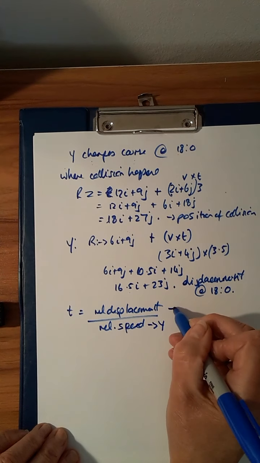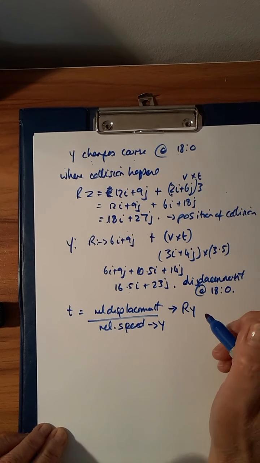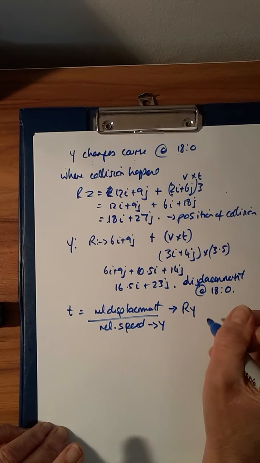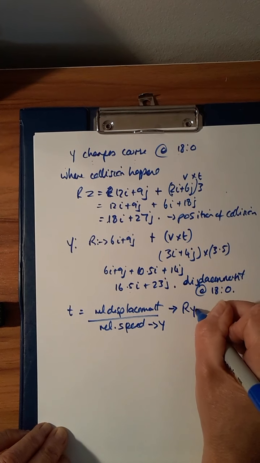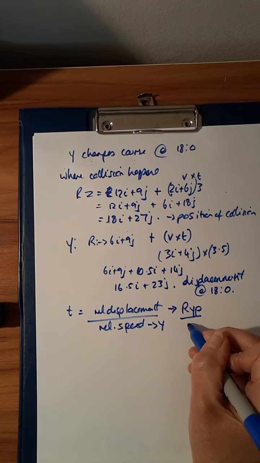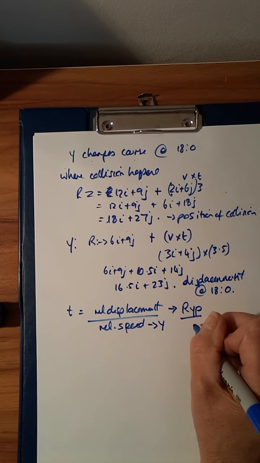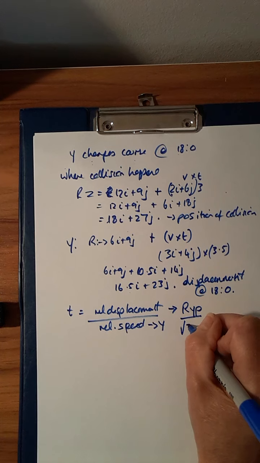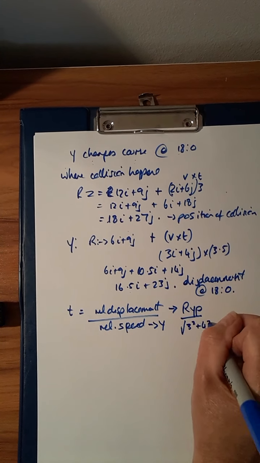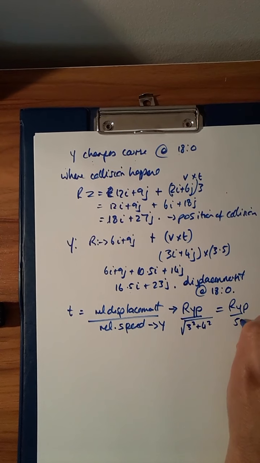The relative displacement will be the R of Y relative to the position of collision. So I'll call the position of collision P. So I want the RYP over the speed of Y. And the speed of Y is the square root of 3 squared plus 4 squared, which of course will be 5. So I want the RYP over 5.